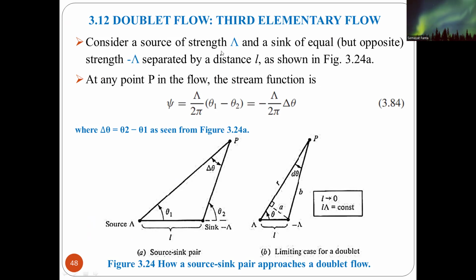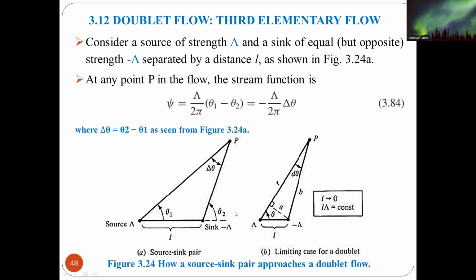So this is the sink and this is the source, which are separated by distance L. And the point P is somewhere there, which is drawn at theta 2 angle and theta 1 angle from the source.